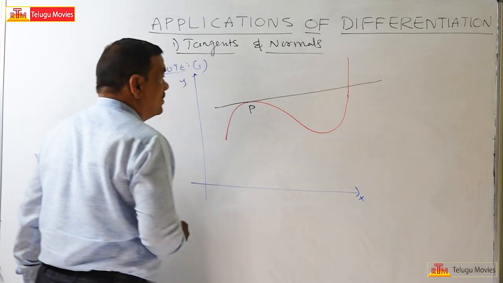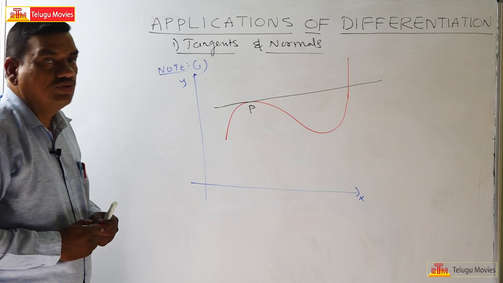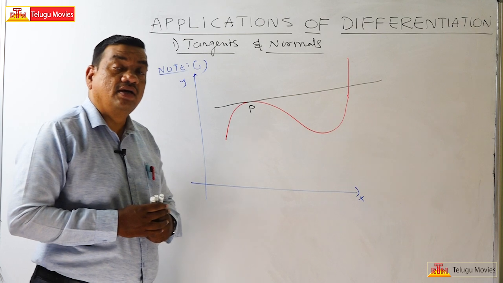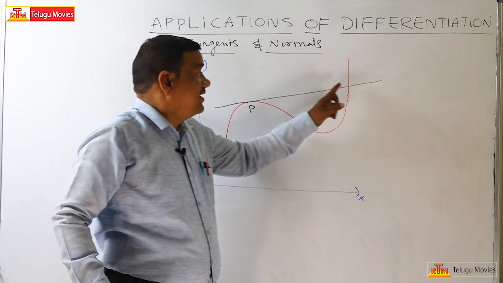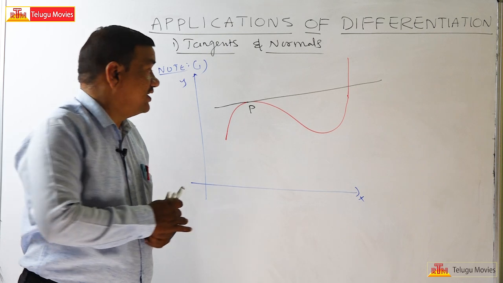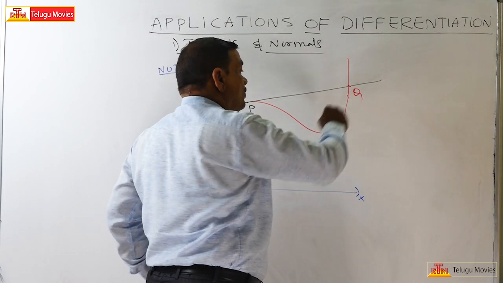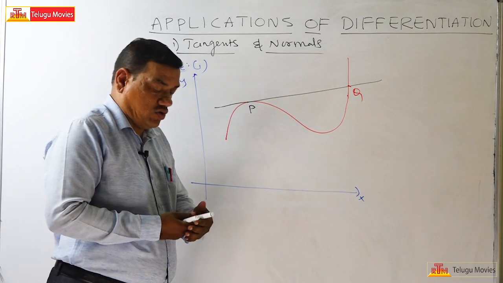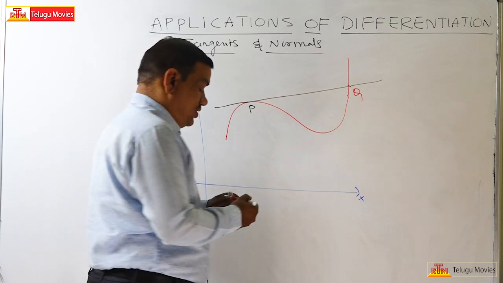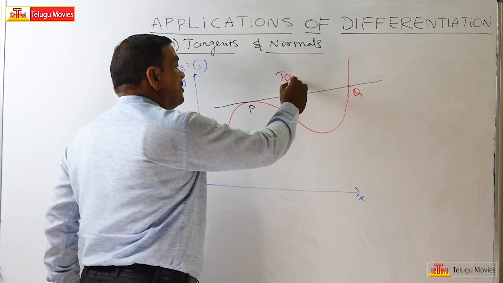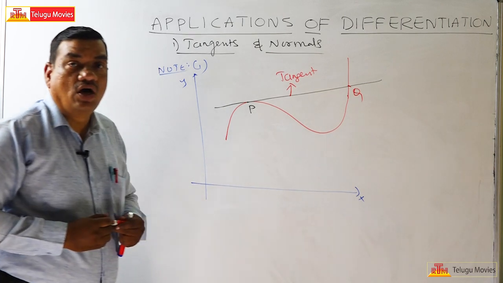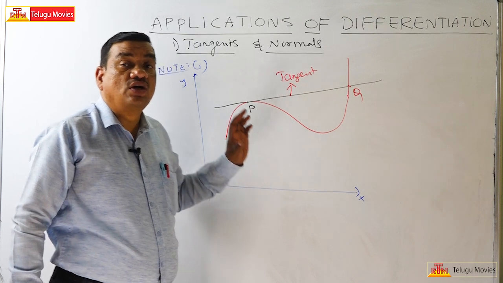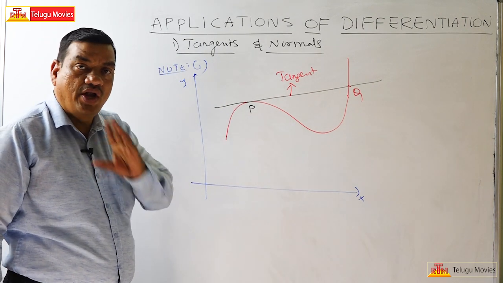You may ask a doubt: sir, you said the tangent is a line which touches the curve at one and only one point, but here it is intersecting the curve again at some point Q. Even then, this is called the tangent to the curve at the point P.